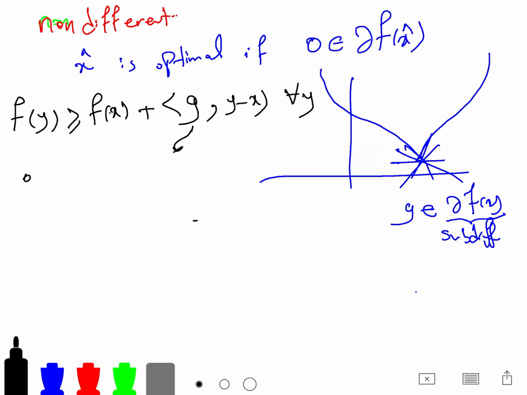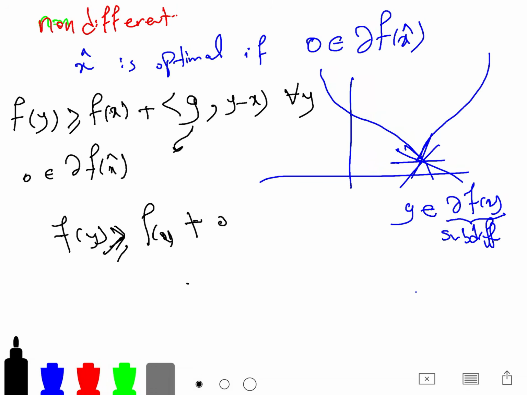So if 0 is in the subdifferential, then f of y is greater than or equal to f of x plus 0. If this holds for any y, that is the definition of saying that x hat is an optimal solution. So you see how the convex function plays an important role.